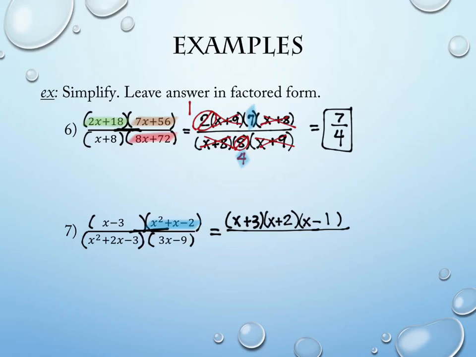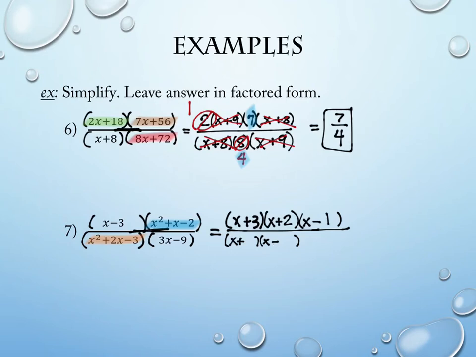All right, and then at the bottom, let's start with the first piece. x squared plus 2x minus 3. Trial and error, 2 parentheses, x and x. What are my signs? Different, so a positive and a negative.